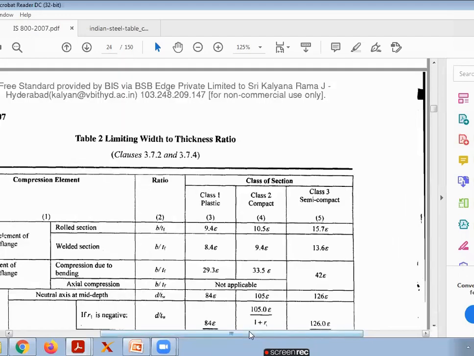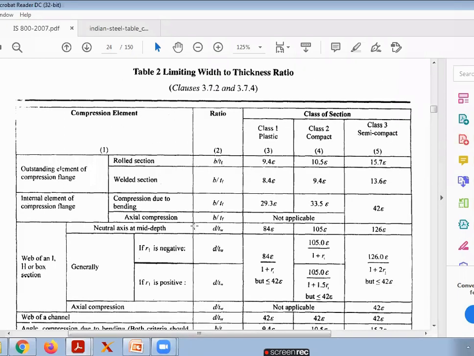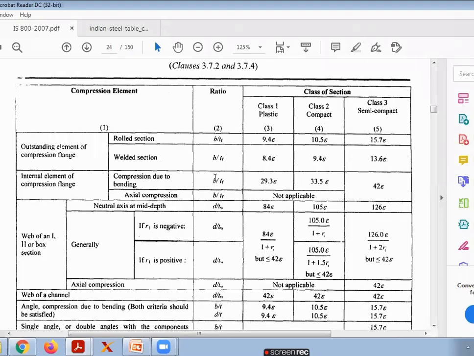It is available on page number 18. Here we are not taking any channel section or any web or edge section, we are taking a general beam, so you see the rolled section only.